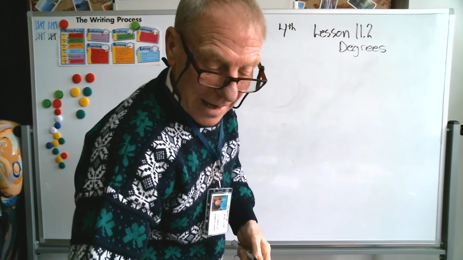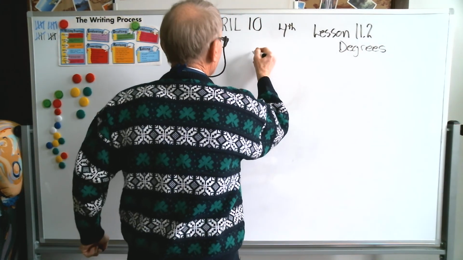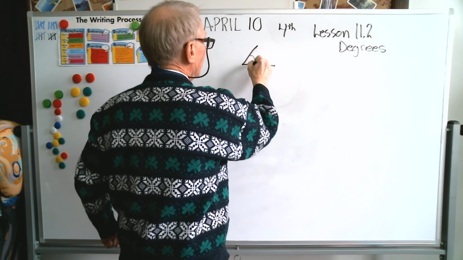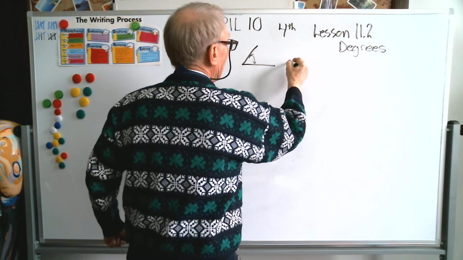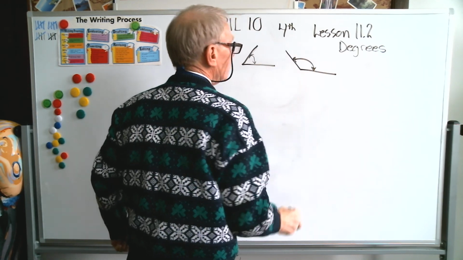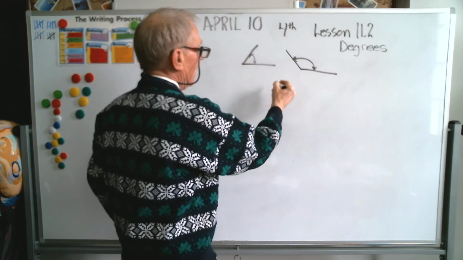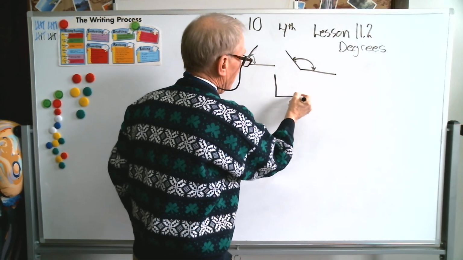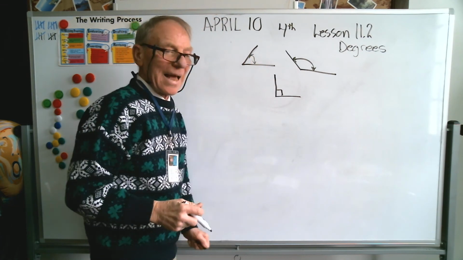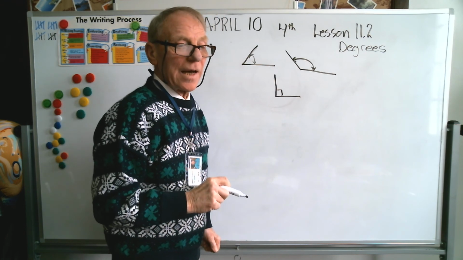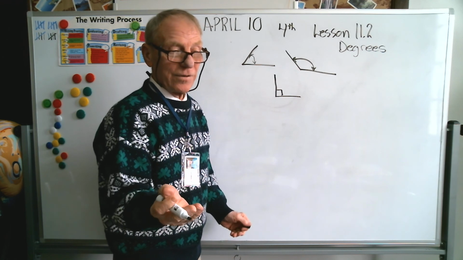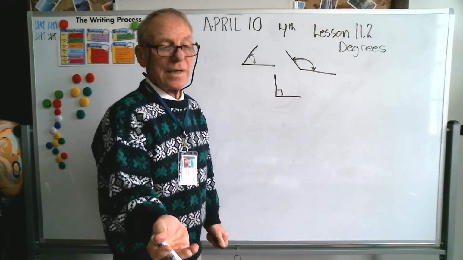Remember when we talked about angles? We have an acute angle, and then we have an obtuse angle, and we have a right angle. Acute is an angle that's smaller than 90 degrees. It can be anywhere from 0 degrees to 90 degrees, but less, 0 to 89.